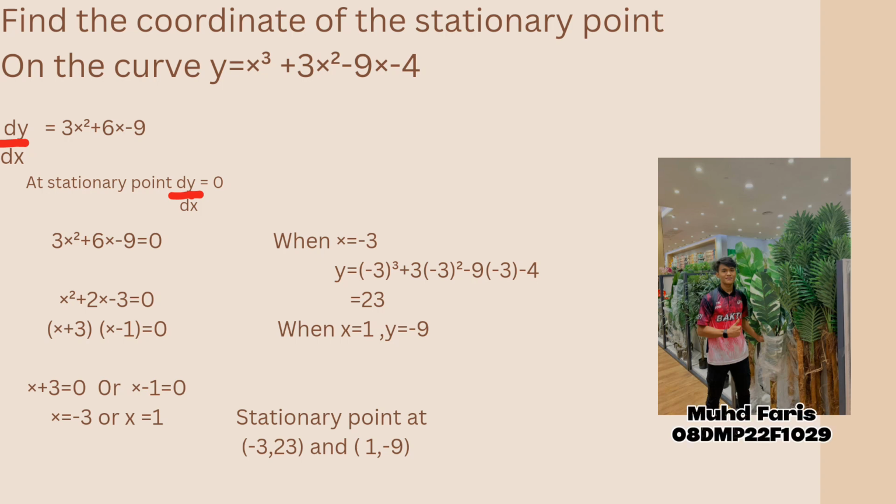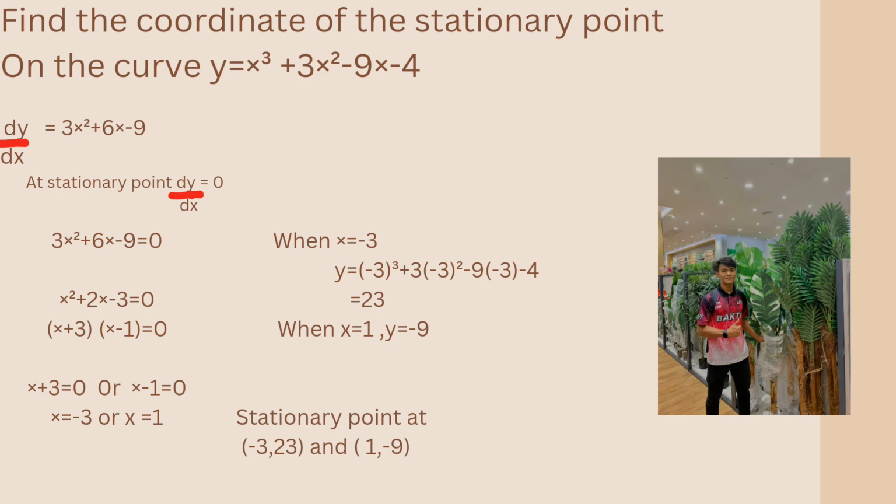Find the coordinates of the stationary points on the curve y equals x cubed plus 3x squared minus 9x minus 4. So we differentiate it first. dy/dx equals 3x squared plus 6x minus 9.